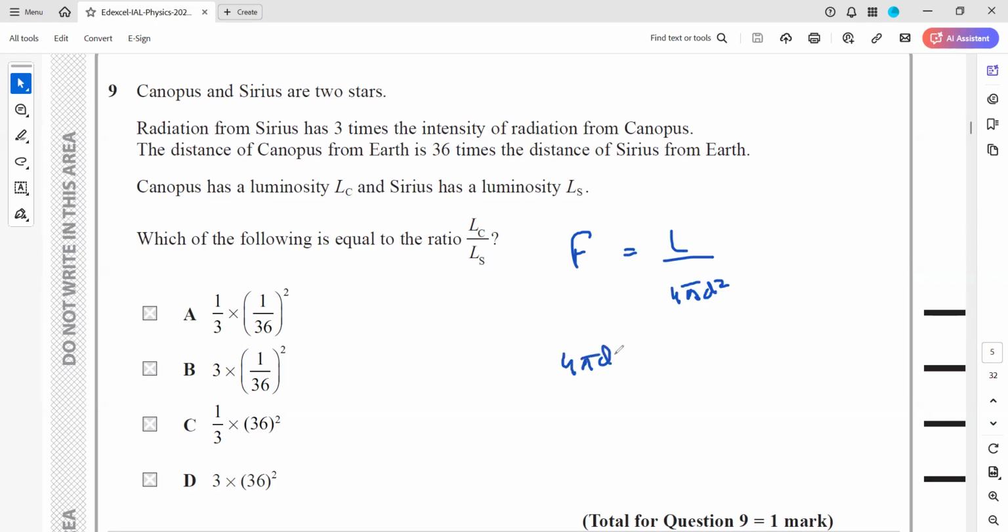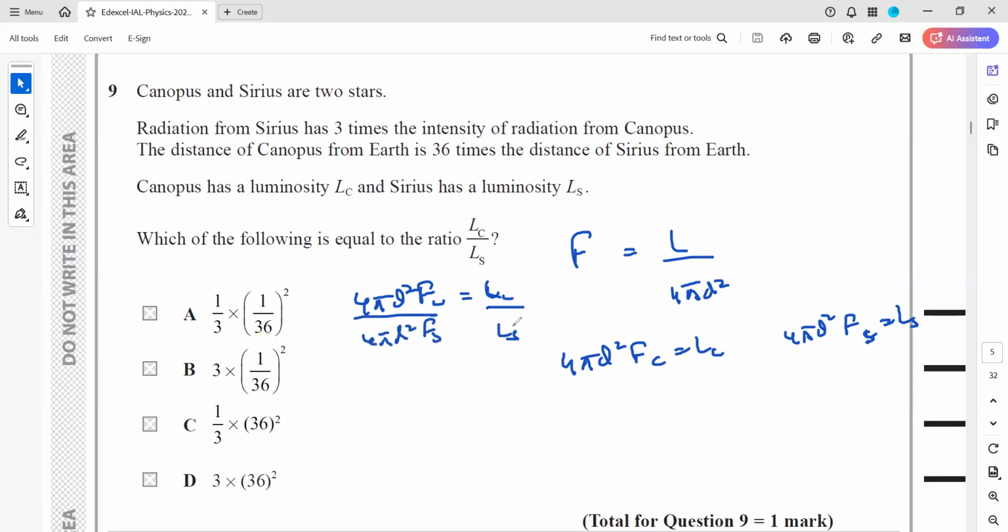So we can say 4 pi d square Fc into Lc will be equal to 4 pi d square Fs into Ls. If we divide the two equations, the left hand side will be 4 pi d square Fc into Lc divided by 4 pi d square Fs into Ls.